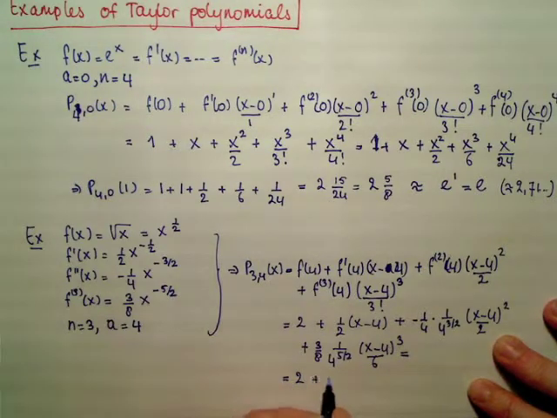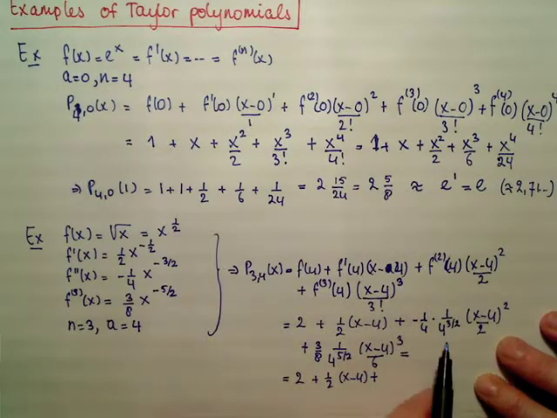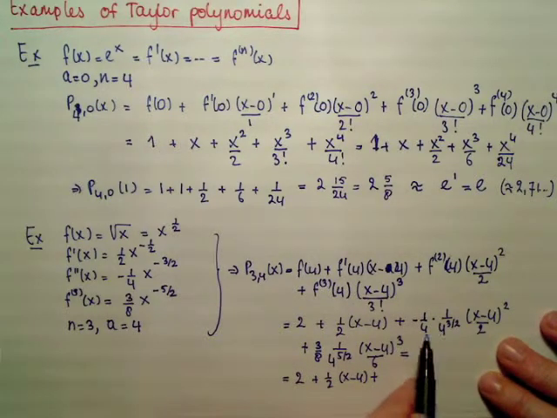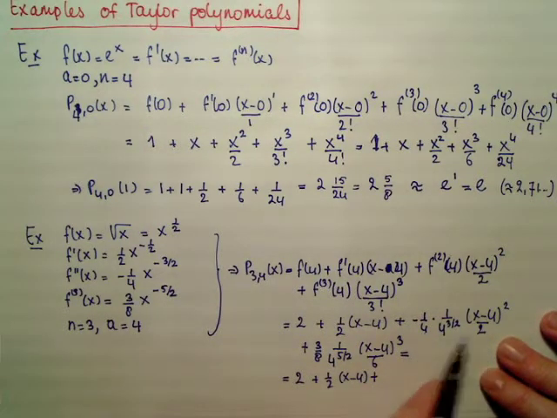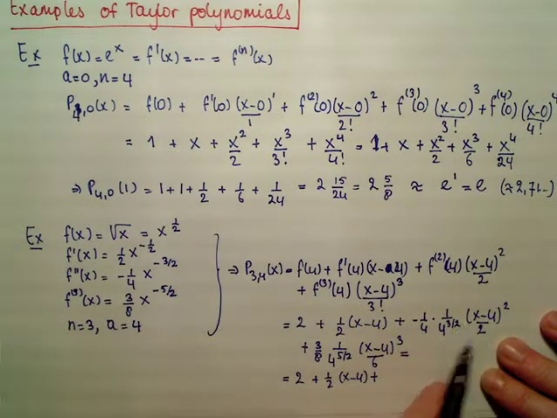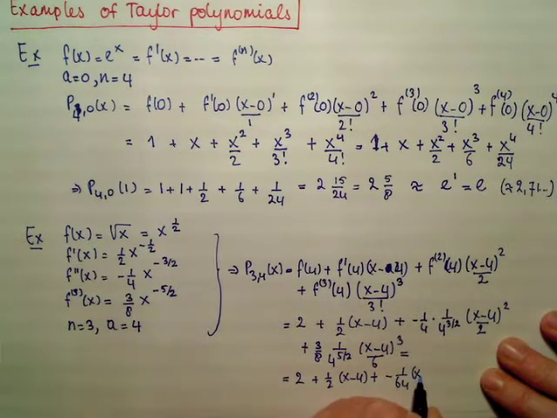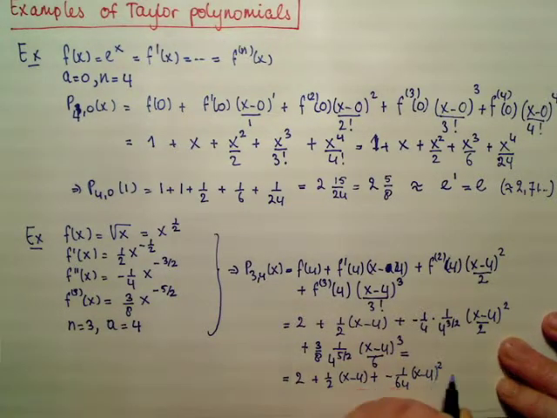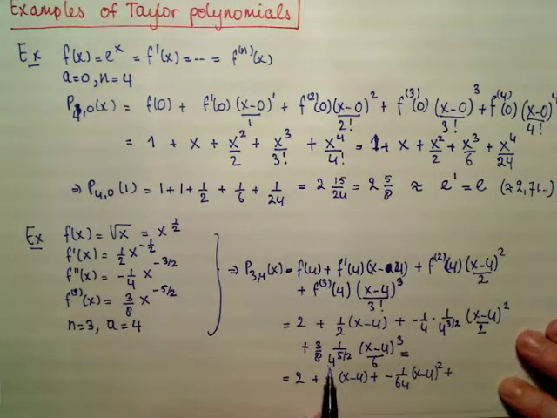So we get 2 plus 1/2 times (x - 4) plus, well, together we have 1 over 8, and 4 to the power 3 over 2 is 4 times the square root of 4, which is 2, so this is 8. 8 times 8 is minus 1 over 64, plus, what do we have here? 3 in the numerator.